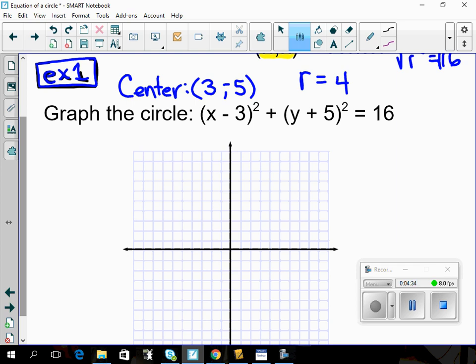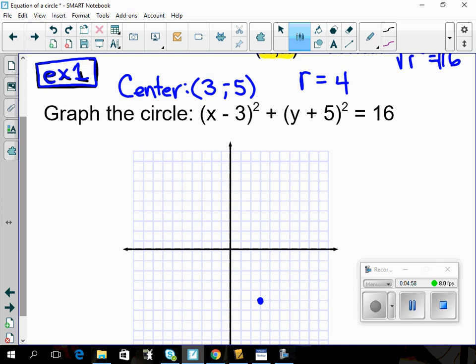I'm going to start with a positive x value of 3, and I'm going to go down 5. So here is the center of my circle. Doing okay so far? By the way, we name circles by their center. So if I called that point W, this would be circle W. If that point was Z, it'd be circle Z. Just it's how it's named.